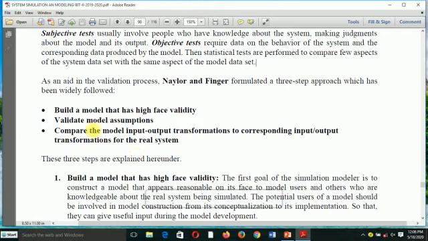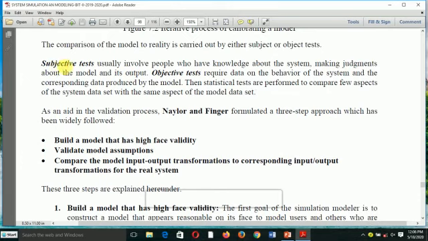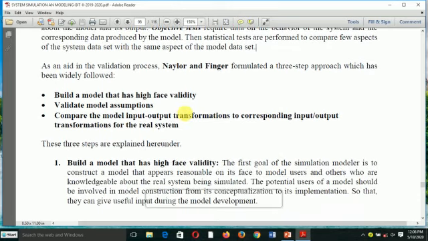So, Mr. Naylor and Finger formulated a three-step approach which has been widely followed. These people formulated a three-step approach which is used for subjective and objective testing.